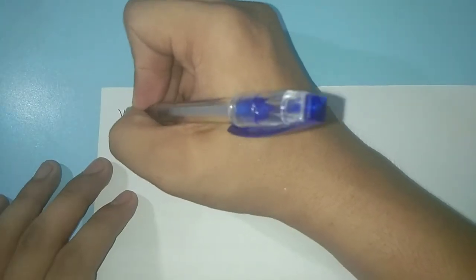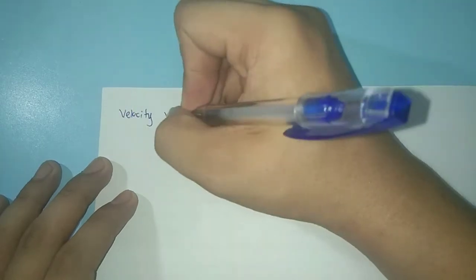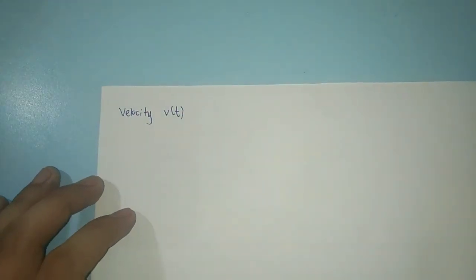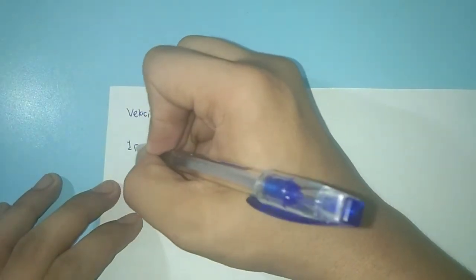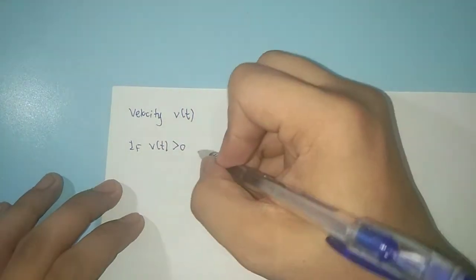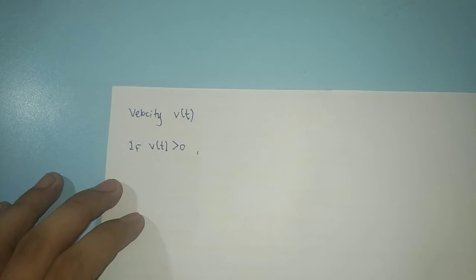Okay, so given the velocity, pwede nating malaman kung saan or saang direction nagmo-move yung isang particle. So, halimbawa, velocity v of t. Kapag yung v of t or yung velocity ay positive, ibig sabihin yan, yung particle nagmo-move sa positive direction.